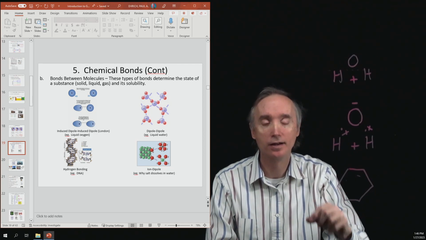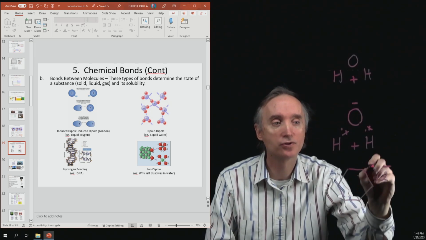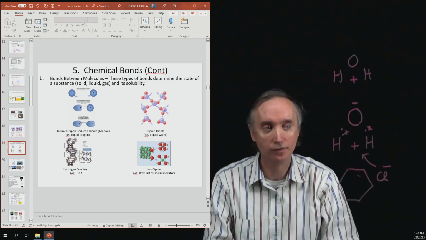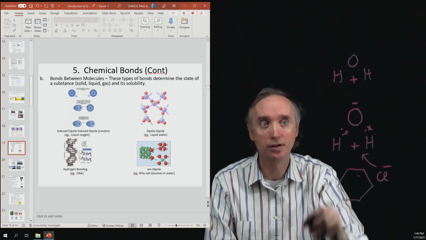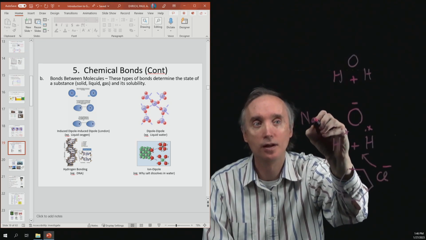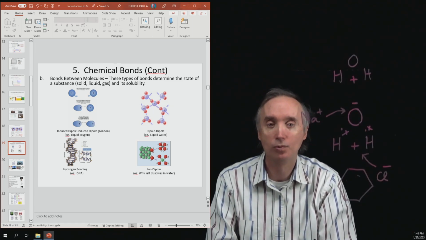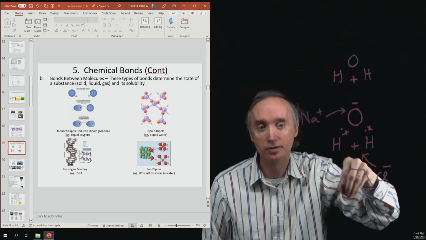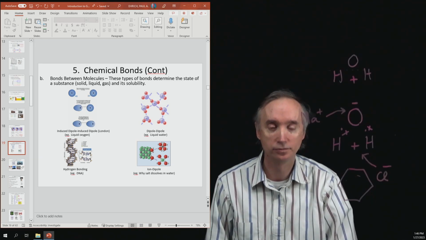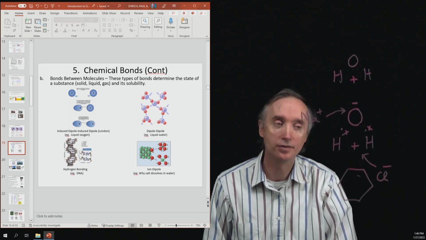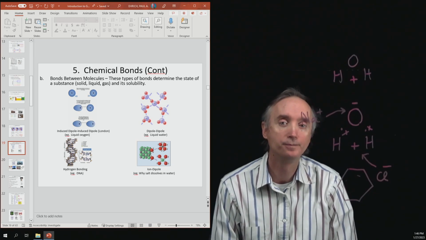So can you see that the negative chlorines would be attracted to the positive end of that water molecule, whereas the positive sodiums, the Na pluses, would be attracted to this end of the molecule. And so what can happen is when you take salt and put it into water, the water can pull apart the salt and dissolve it.